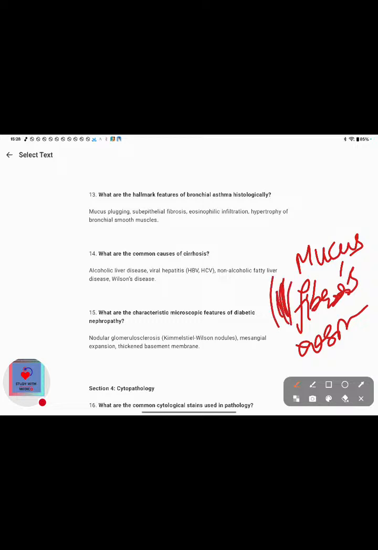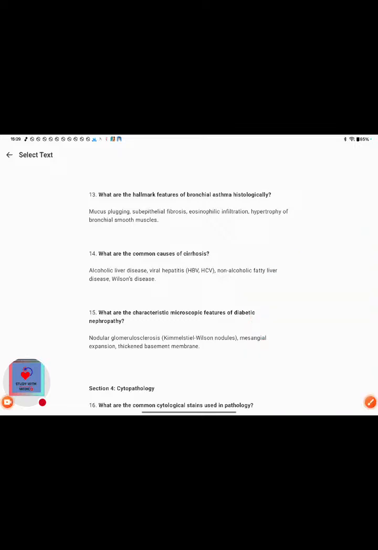Because the bronchial smooth muscles become hypertrophic, there is narrowing of the airways. So: hypertrophy of bronchial smooth muscles, mucus plugging, subepithelial fibrosis, and eosinophilic infiltration.